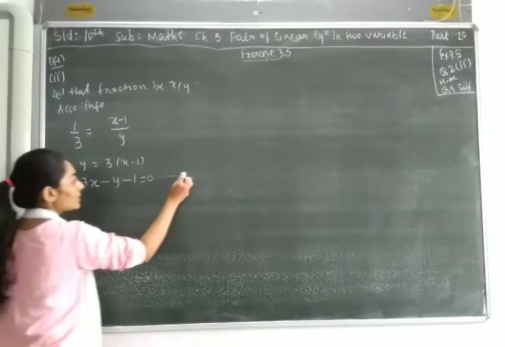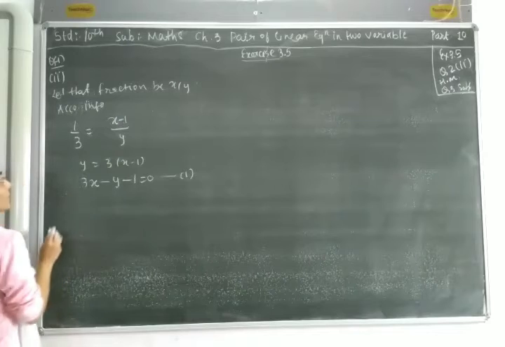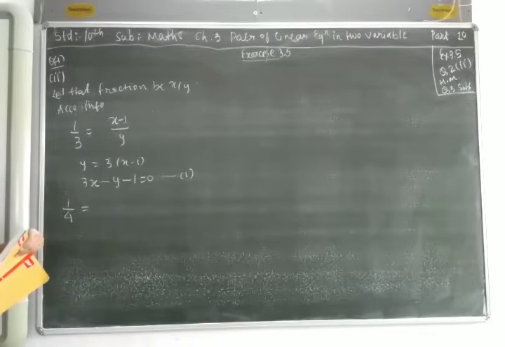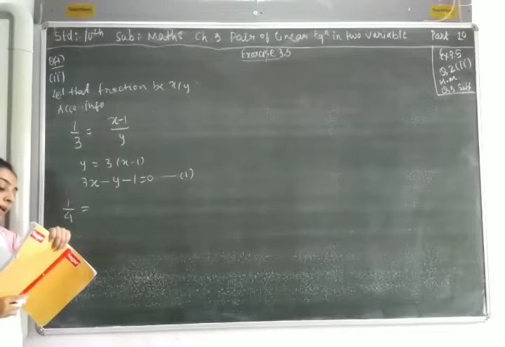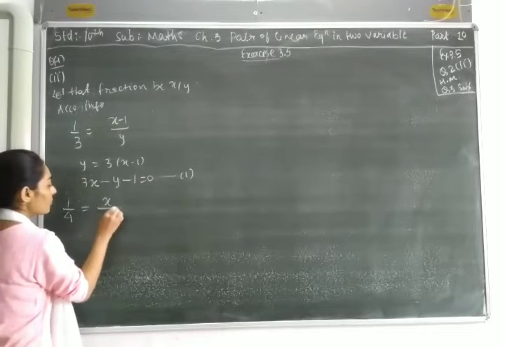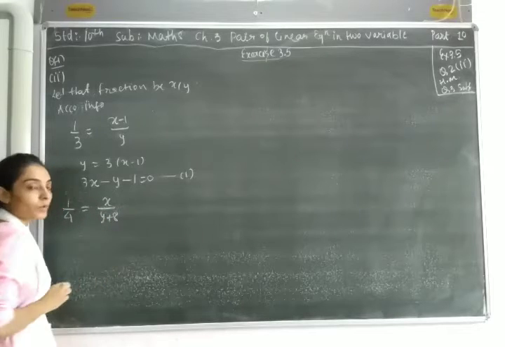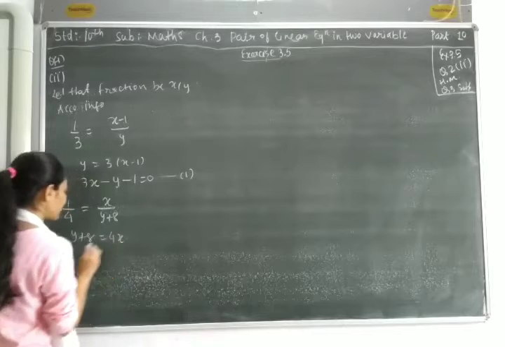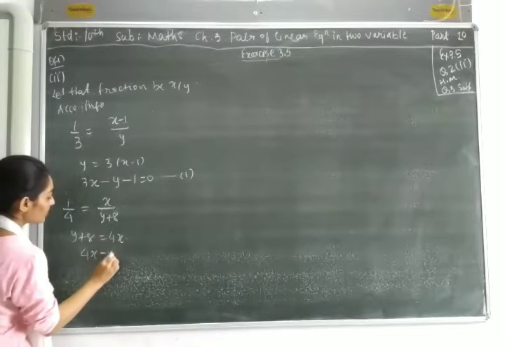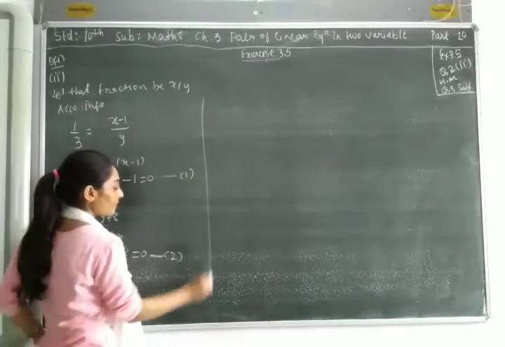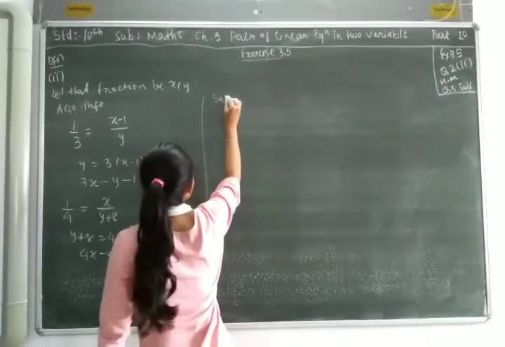Okay, so this one is my equation number 1. Now, it became 1/4 when 8 is added to its denominator. Added, so y plus 8. So 4x minus y minus 8 equals to 0. Now using substitution.